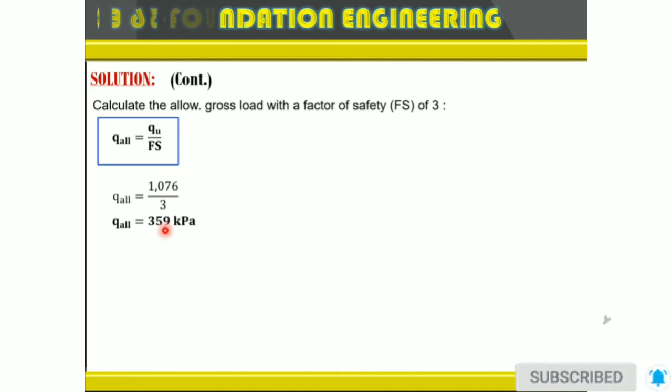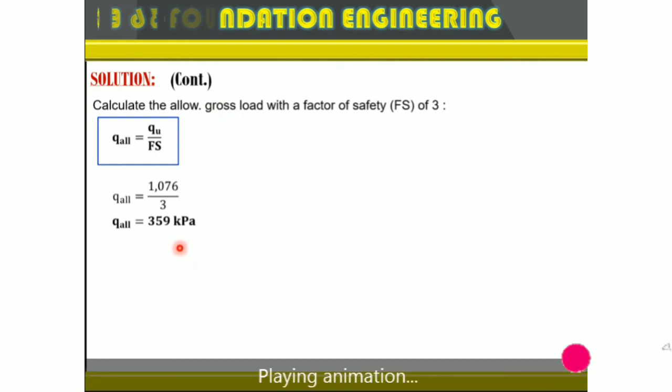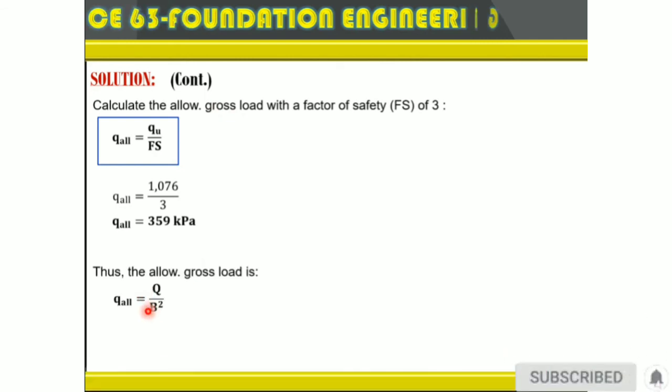Since we are after the gross allowable load, we can use the formula for the gross allowable load. The q allowable is equal to the load Q over the area, since this is load per unit area. Since this is a square foundation, its area is B squared.